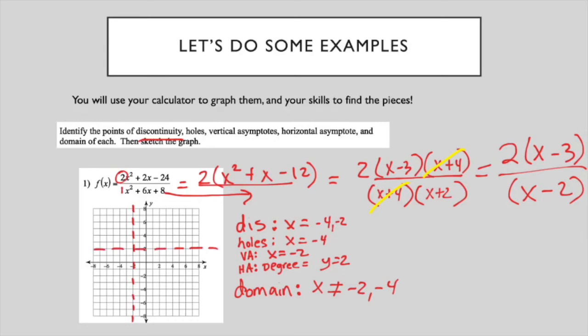We know there's going to be a hole at -4. I'm going to show you what to do with that in a moment. But what I want you to do is on your calculator, you can put this whole thing right there, or your simplified version, and it should be the same thing, except our hole will not be on the first one. So I think you can put your simplified version. I think that would be faster probably.